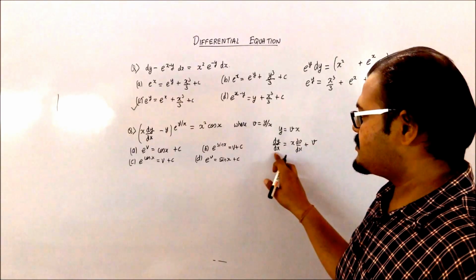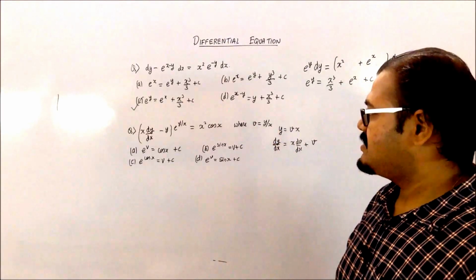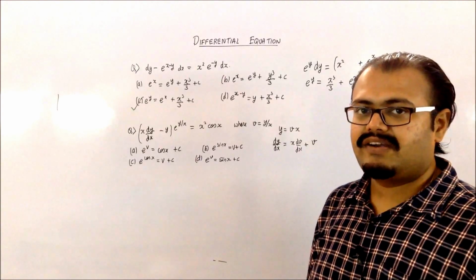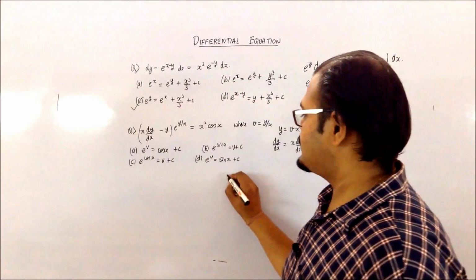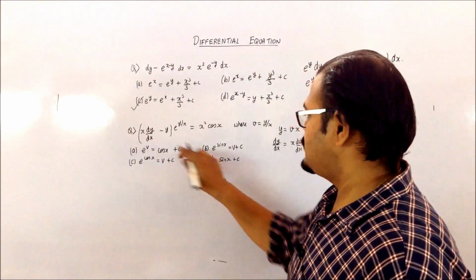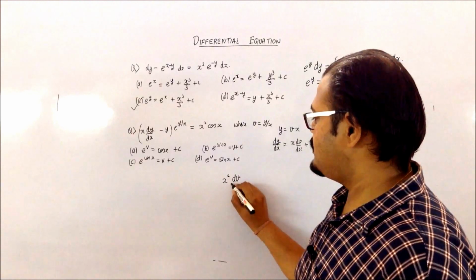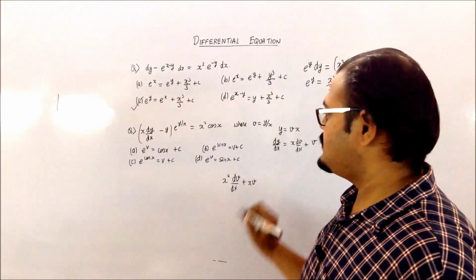So now you have the substitution for dy by dx, you have the substitution for y. If you just substitute in this, you will get everything in terms of v and x. So once you do that substitution, what you get is x into dy by dx, which is this, so that becomes x square dv by dx plus x into v.